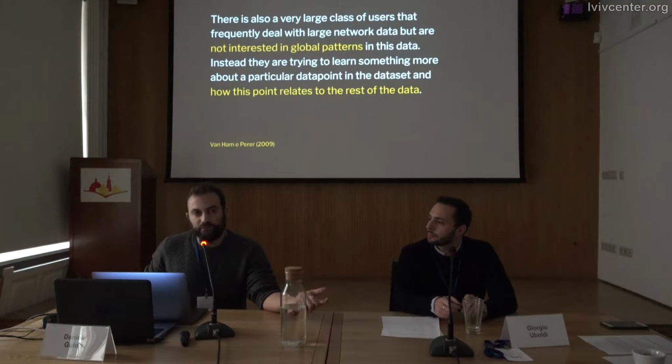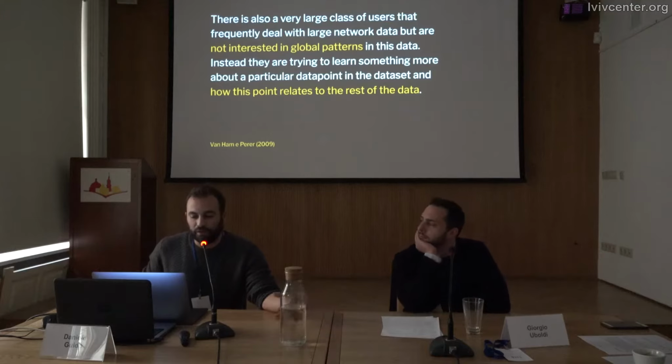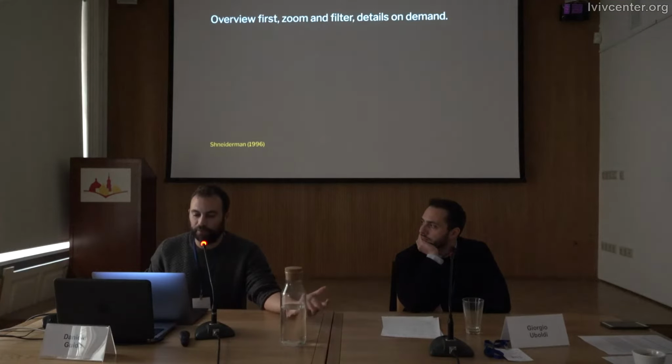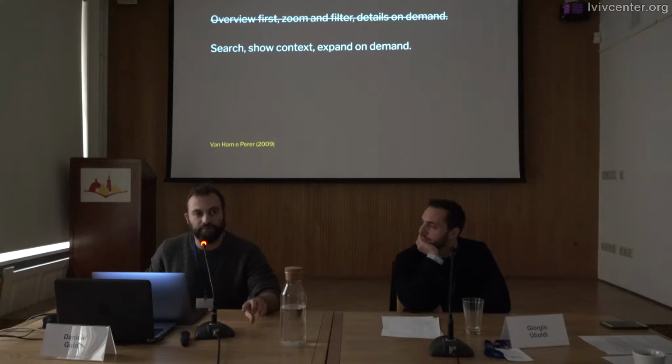So we tried to go to the opposite of the mantra that we showed before. If before it was overview first, also quoting from this research paper, we did the opposite: search, show context, expand on demand.